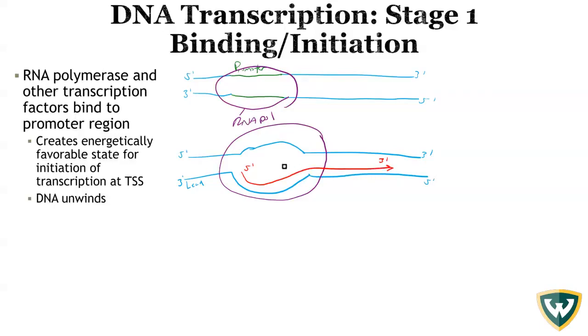A difference here with RNA is that there are not two transcriptions taking place. There is no lagging strand RNA made, because RNA is only a single-stranded molecule, so it only needs to occur on one strand. And this further continues to make a transcript. But this is where the binding and the initiation take place.